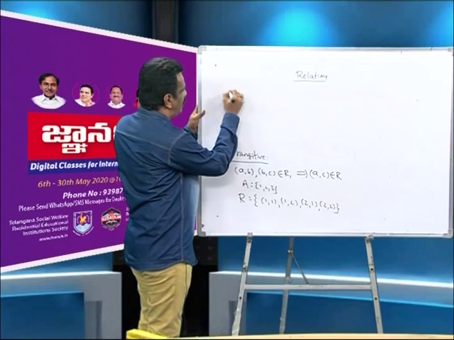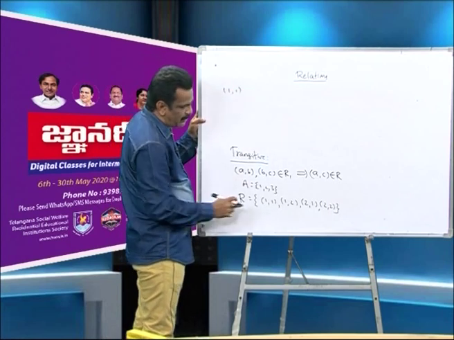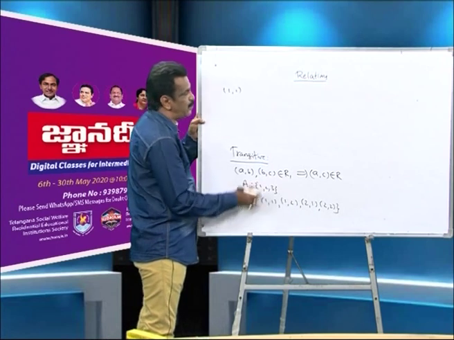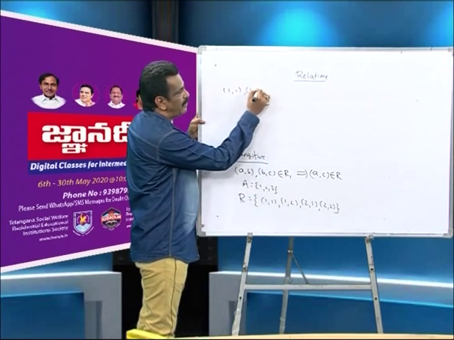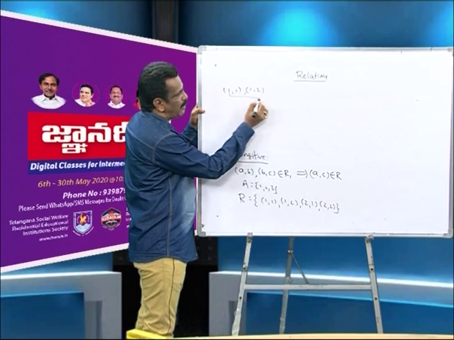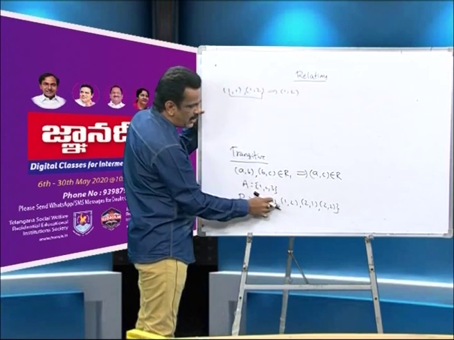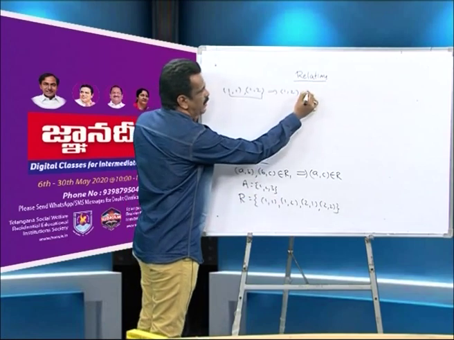So here 1 comma 1, if we take 1 comma 1 means 1 is connected to 1 and 1 is connected to again 2. So if we take 1 comma 1, 1 comma 2, it must give us 1 comma 2. Already 1 comma 2 is there in the relation, so it is in the relation R.